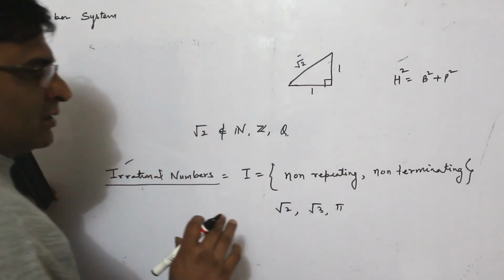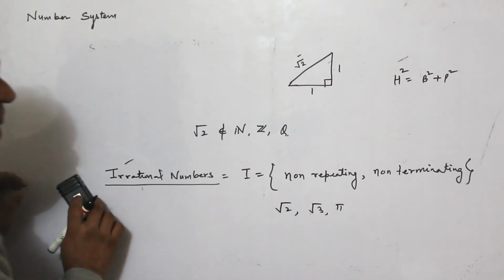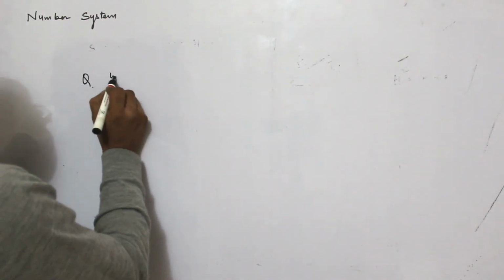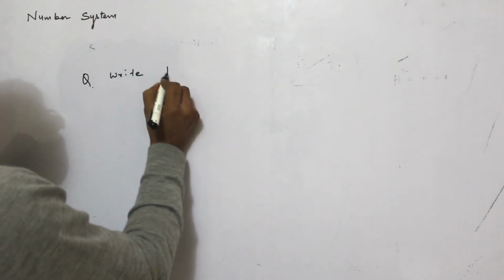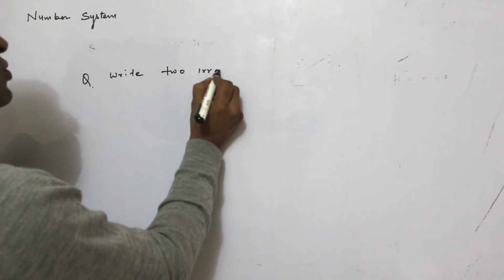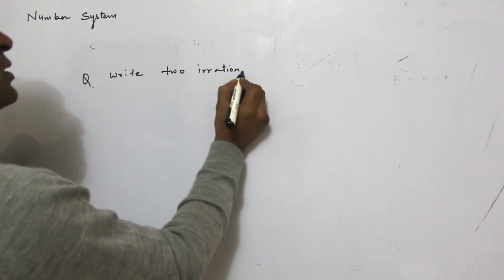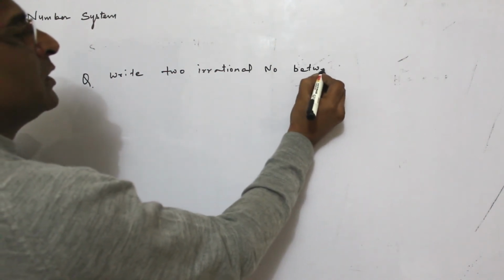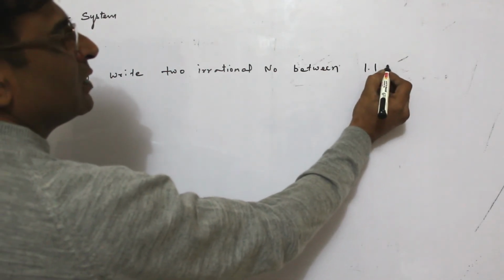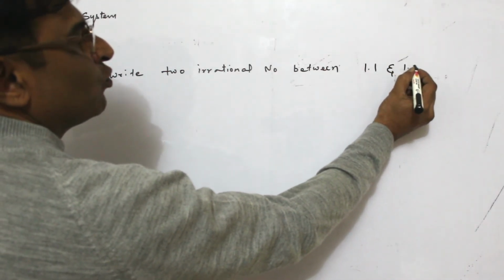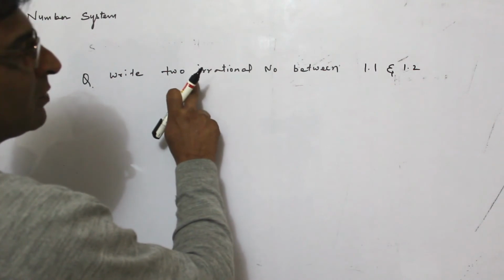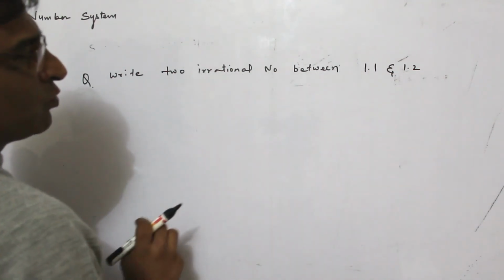But if I make a question, write any two irrational numbers between 1.1 and 1.2, we have to write irrational numbers between 1.1 and 1.2.